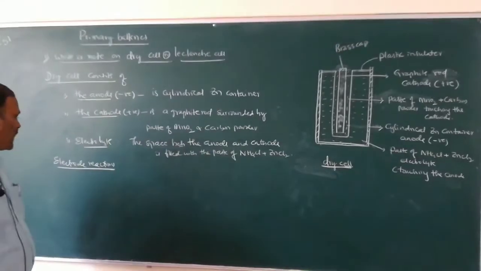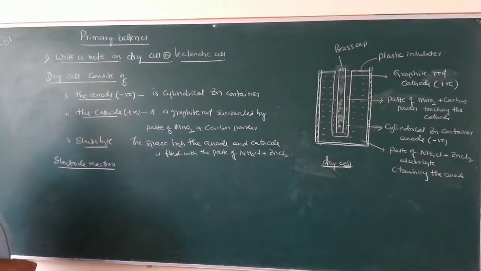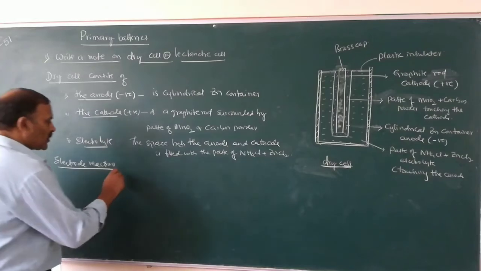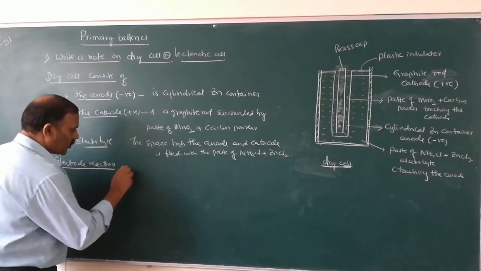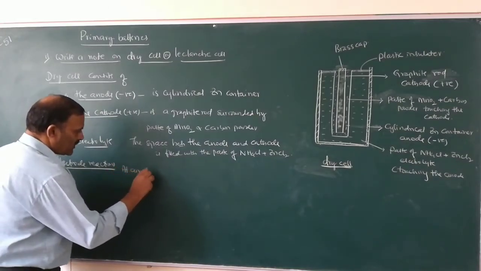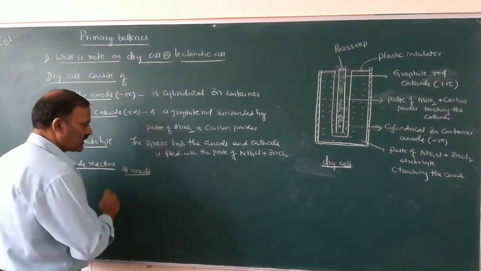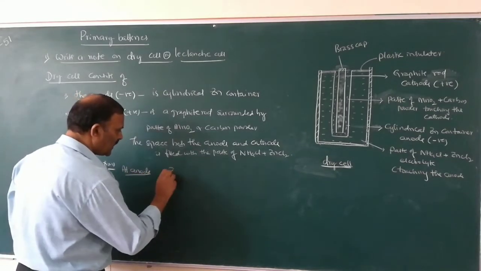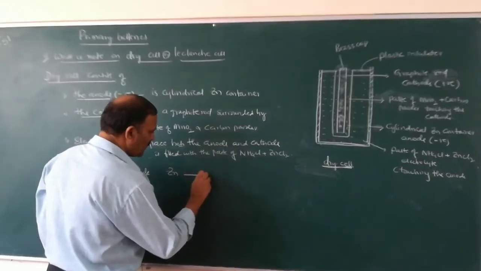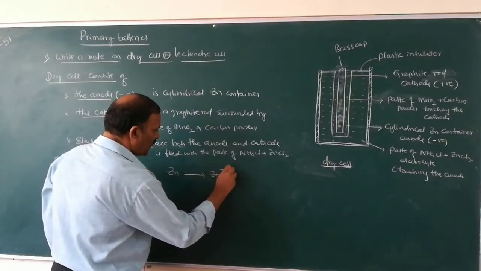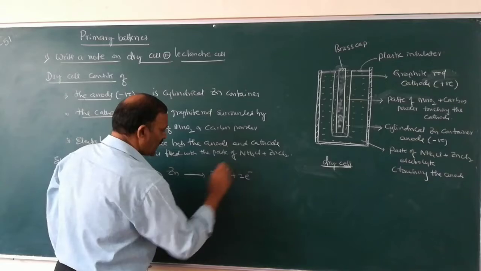Coming to the electrode reactions. So at anode, what happens? Oxidation takes place. Which is the anode? Zinc. Zn gives Zn2+ plus 2 electrons.